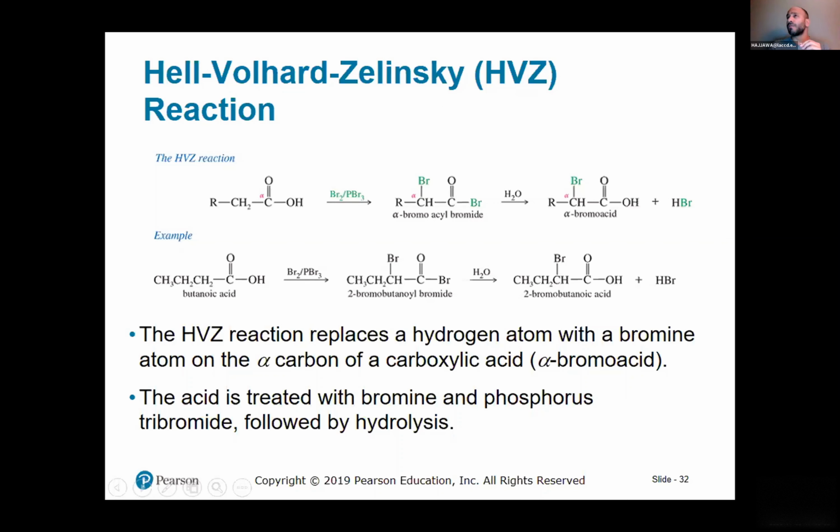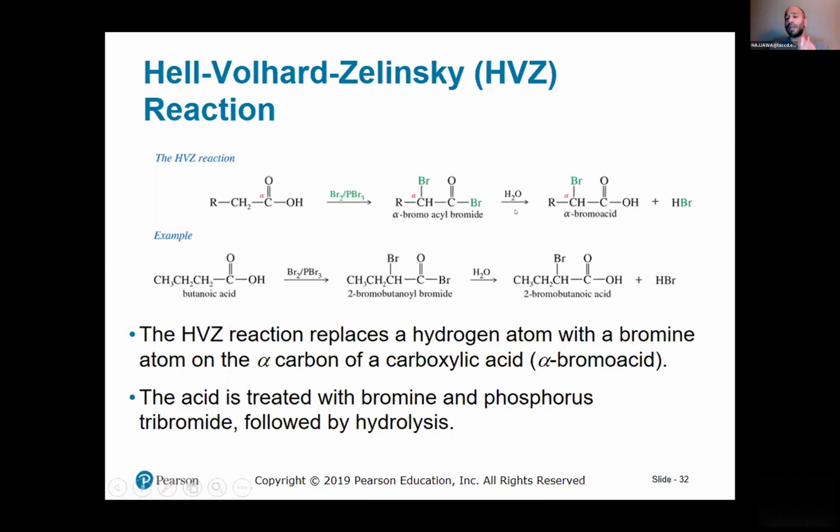This reaction consists of the following: a carboxylic acid reacting with Br2 and phosphorus tribromide. What do these two do? It's a combination that generates the acid bromide, and then it does the alpha halo formation, and you end up recovering the carboxylic acid by hydrolyzing the acid bromide.